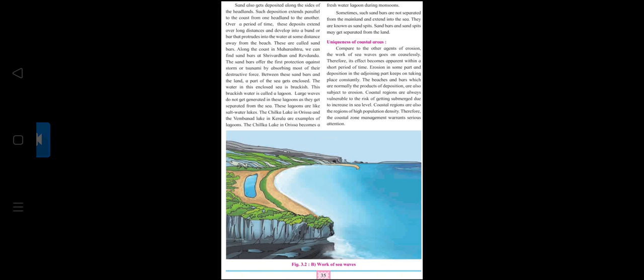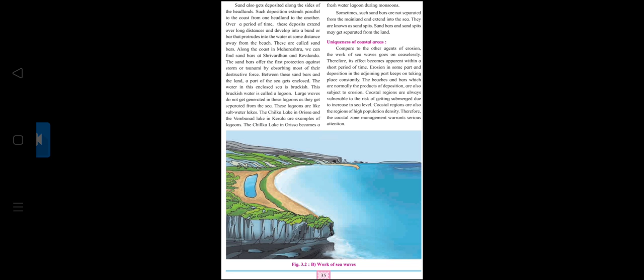Now, here, when we talk about sand, sand also gets deposited along the sides of the headlands. Such deposition extends parallel to the coast, means the deposition is happening parallelly to the coast from one headland to another.